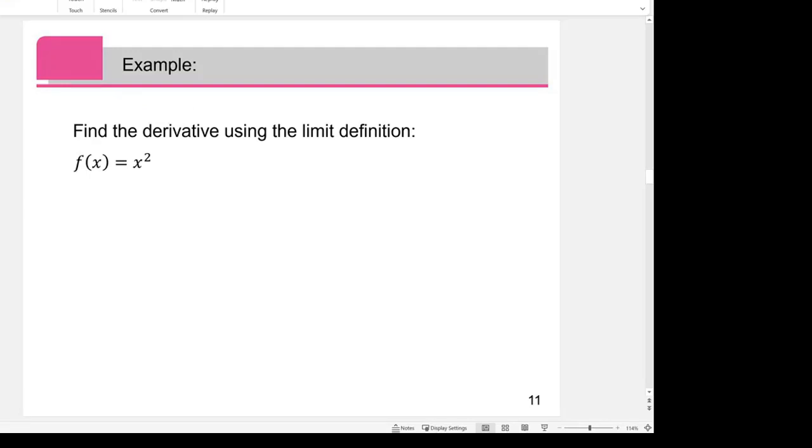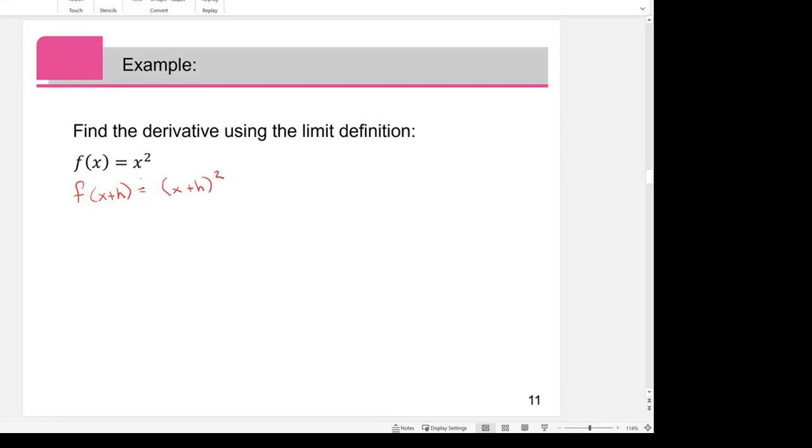Find the derivative using the limit definition. So the limit definition is the limit as h approaches 0. Here f of x is x squared, and f of x plus h is going to equal x plus h squared.